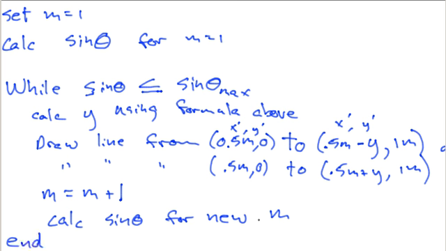So I just calculate the sine of theta for the new m, then I go up here and see if sine of theta is less than or equal to sine of theta max.